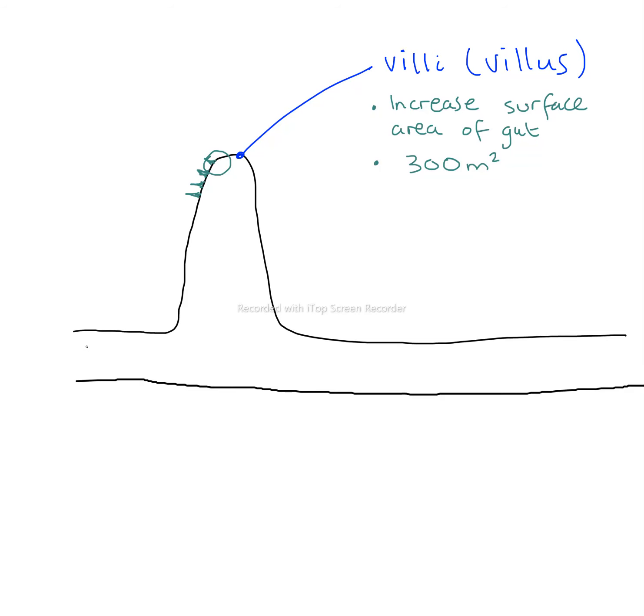Right, so what's the next step? Here you've also got a network of capillaries. These are just very, very small blood vessels. So let's assume blood is flowing in that direction, and you've got capillaries going all the way through there. And how does that help?